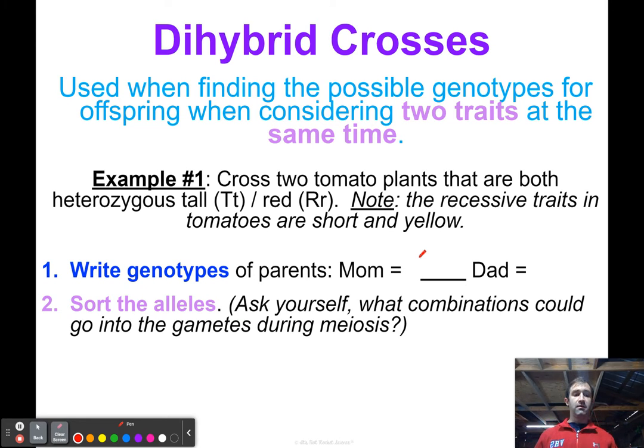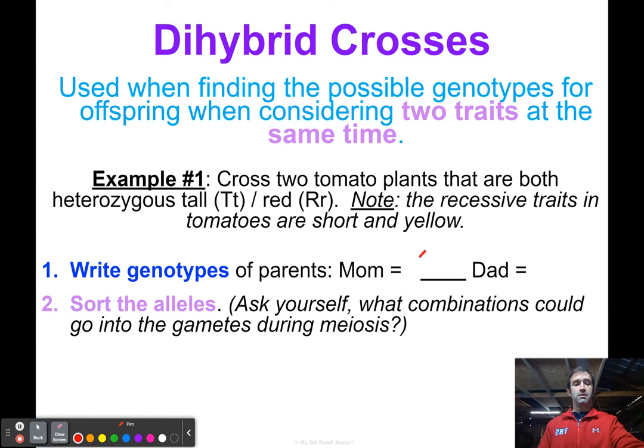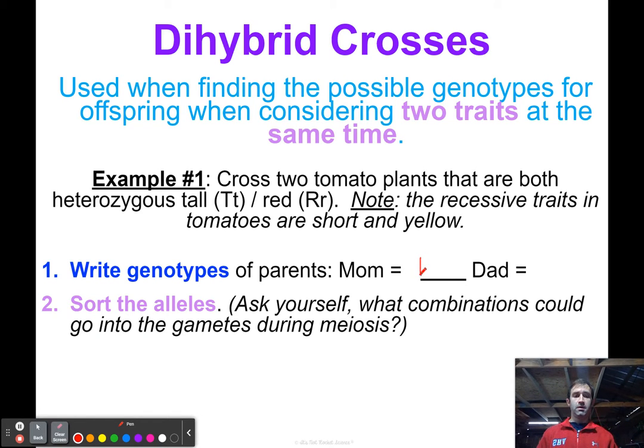Mom is going to be big T, little t, and big R, little r. And dad's going to be the same, big T, little t, big R, little r. And that's what they are.